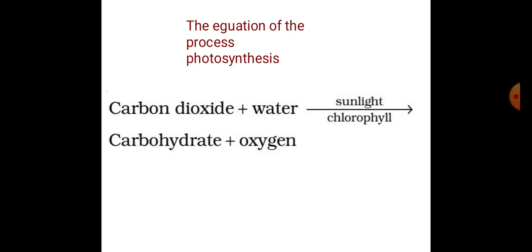These two raw materials are the first thing which plants need. Then, with the help of sunlight and chlorophyll, plants make their food, that is carbohydrate. And at the same time, plants make oxygen, which is released from the stomata into the air for all living things.